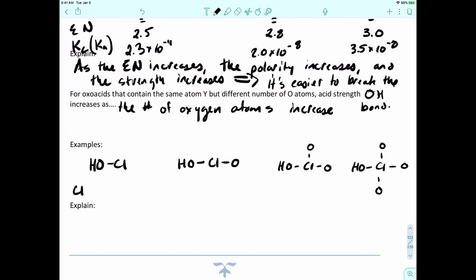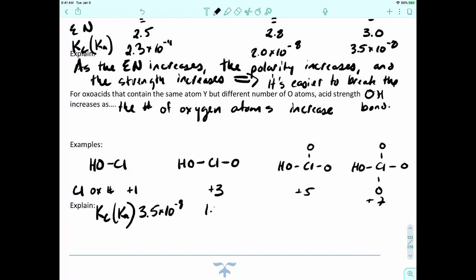So if we look at the chlorine oxidation number, for the first one, chlorine is going to be +1. Then it becomes +3 for the second, +5 for the third, and then finally +7 for the fourth. And if we look at the equilibrium constant again for this reaction, for the first compound, it's going to be 3.5 times 10 to the minus 8th.